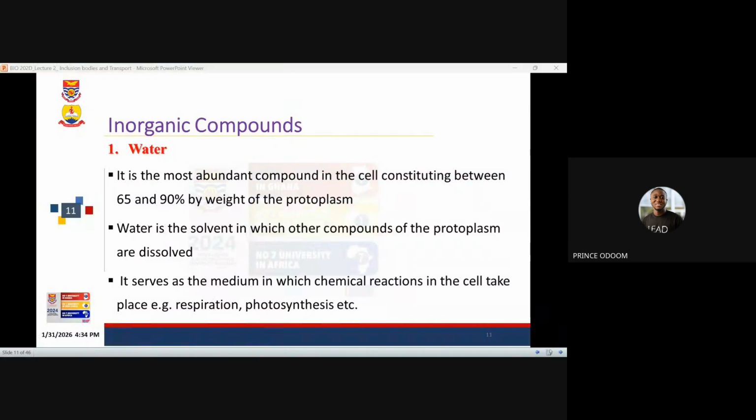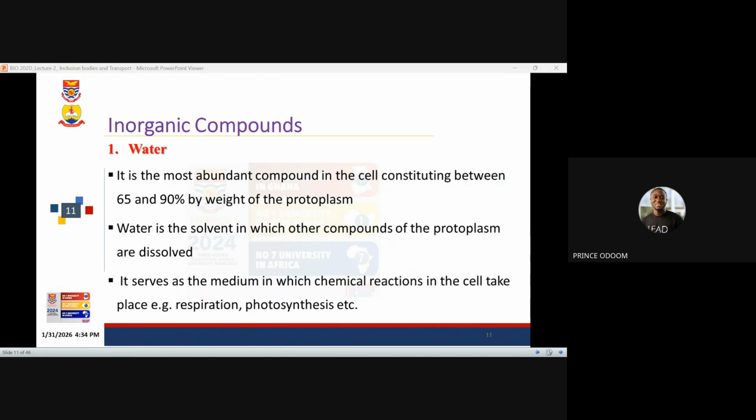Oxygen. And you realize that in most organisms, most of their protoplasm is composed of water. So water constitutes the majority of the weight of the organism. It is the most abundant compound in the cell, constituting between 65 to 90 percent by weight of the protoplasm.